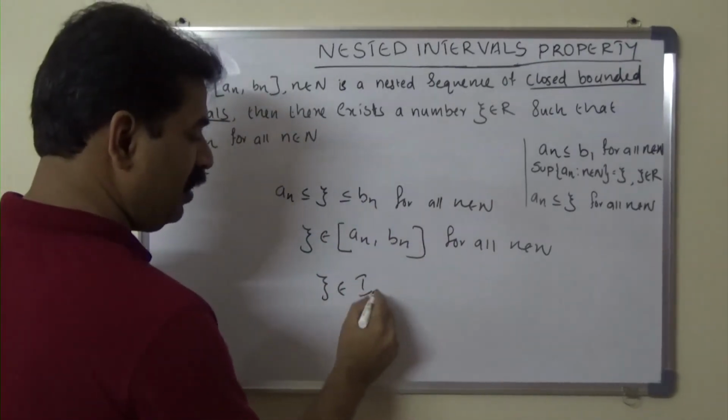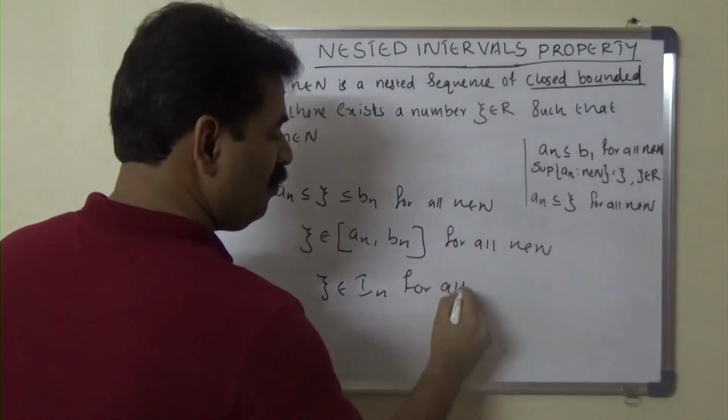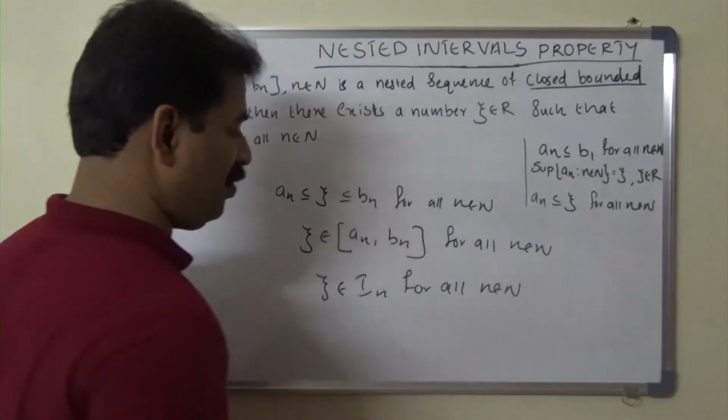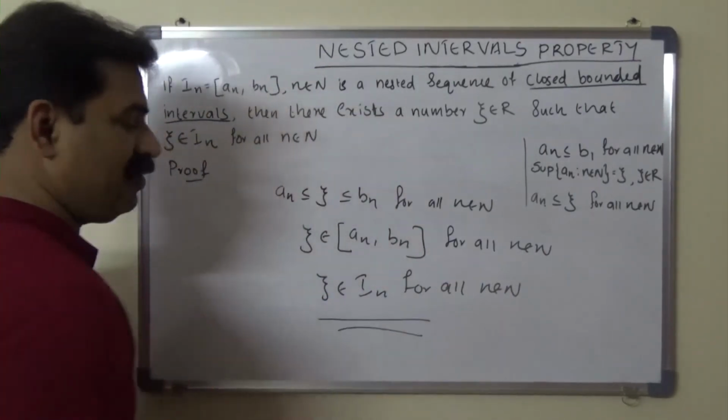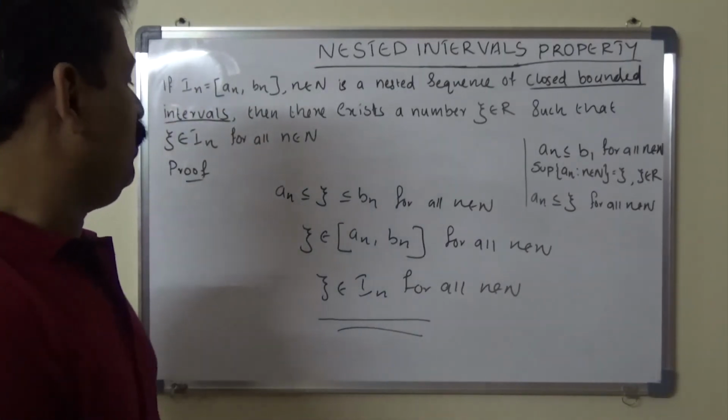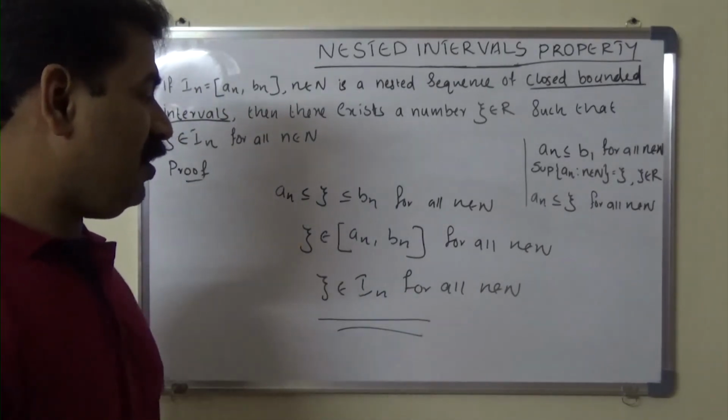So Xi belongs to I_n for all n belonging to N.